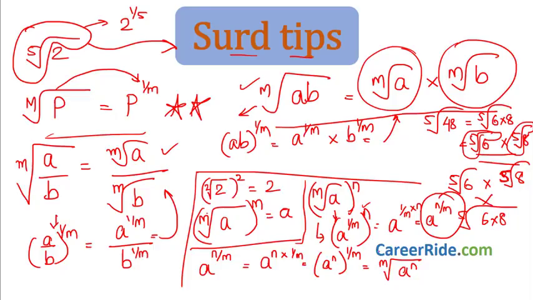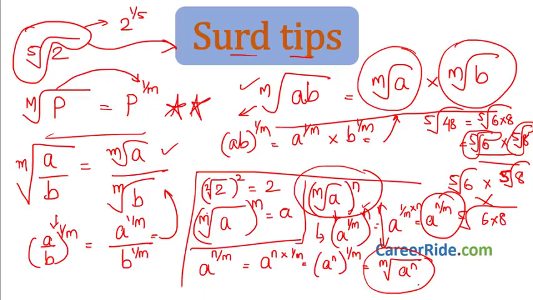See how easy it is. So where did we come? Both these things are the same. While deriving the mth root of a, the whole raised to n, from there we derived this equation, that is mth root of a raised to n.